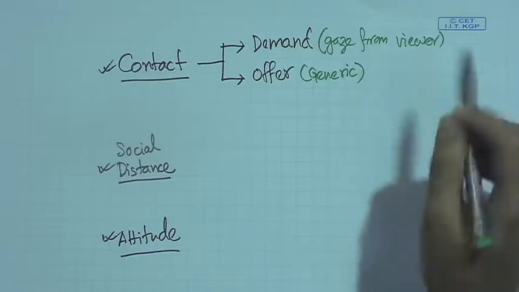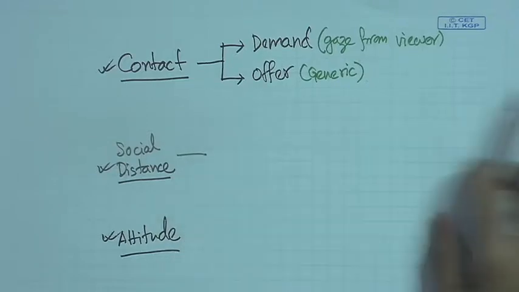This is the first level of contact with the image: is it demanding the gaze of the viewer, or is it for a generic view? Is it offering something, not demanding a gaze, but just there to offer some kind of generic viewing? That's the first level that we need to look for in what we are trying to cast in this particular design when it comes to contact.